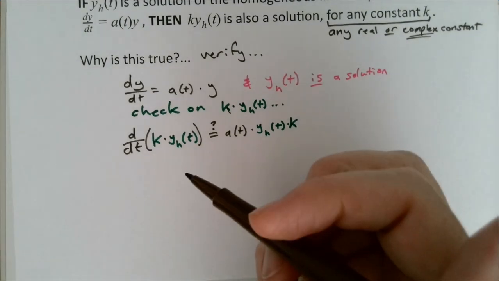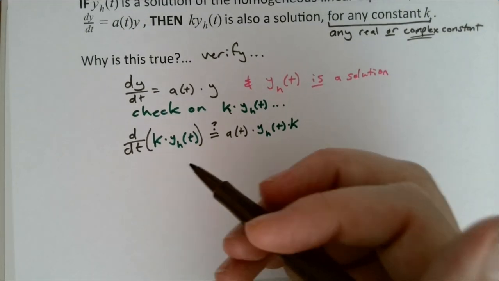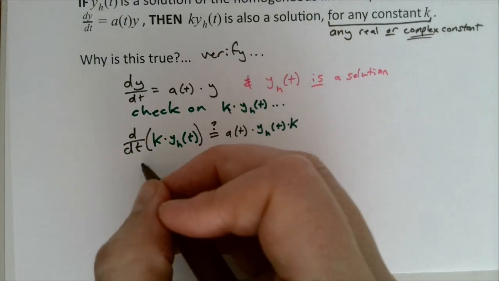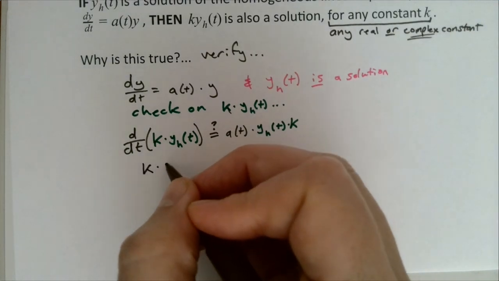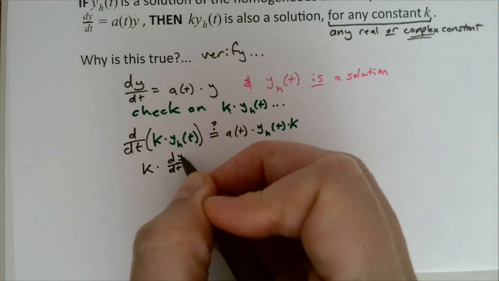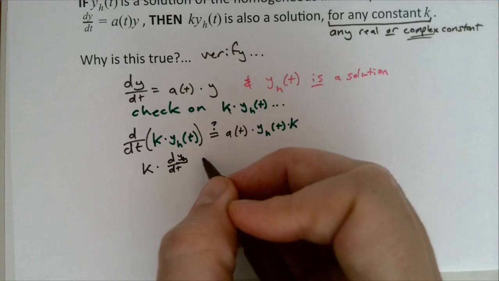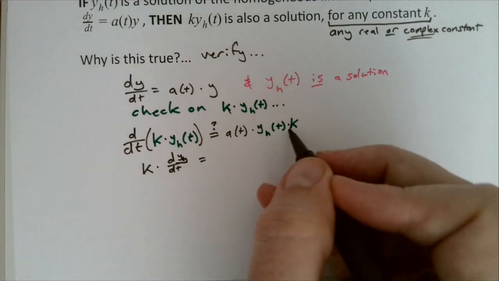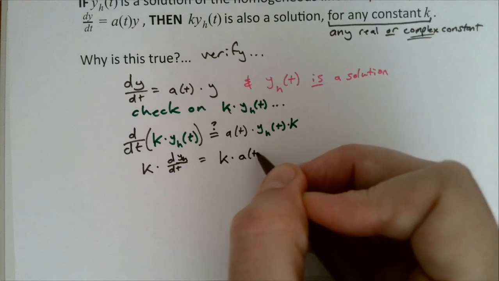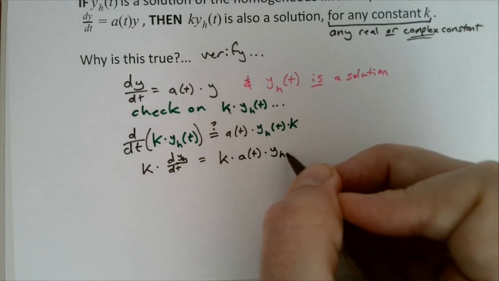So when I multiply it through, I have to see how this works. I'm going to take the derivative of this side, and I would have k times d/dt, the derivative with respect to t of y sub h, right? And on the right-hand side, I'm going to pull the k out front, k times a of t times y sub h.